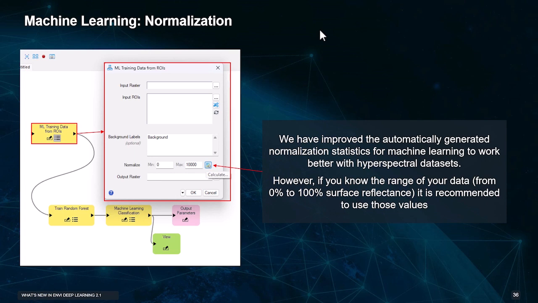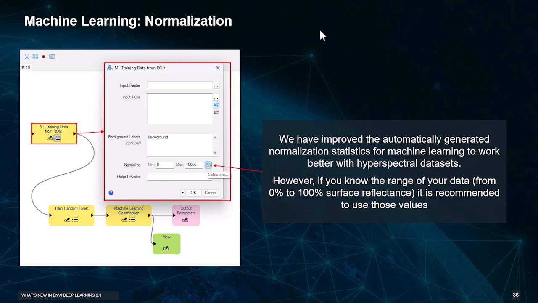One of the idiosyncrasies when working with hyperspectral data is that the range of values can actually exceed what you'd expect for 0 to 100% surface reflectance. With machine learning, we always want our data to be in a state that's ready for analysis, and surface reflectance is that standard.